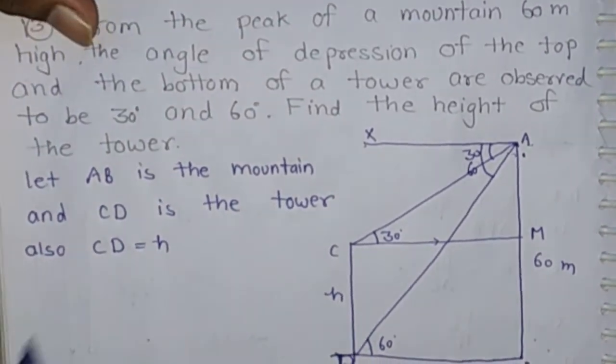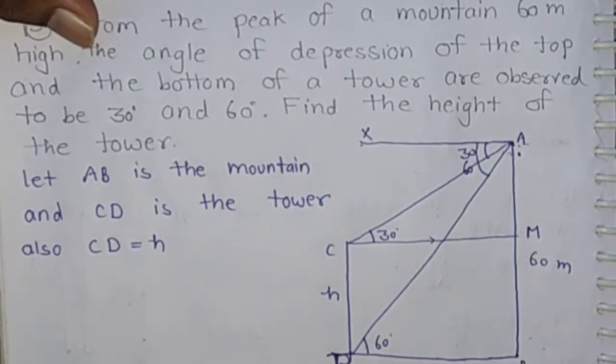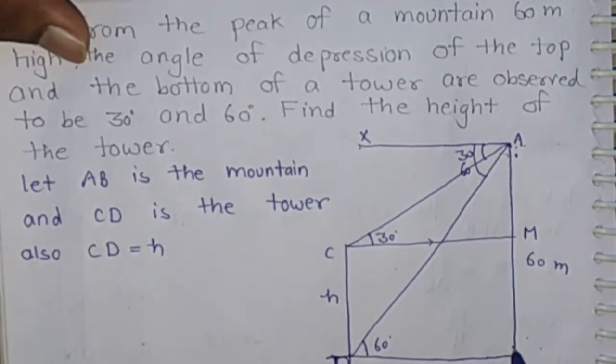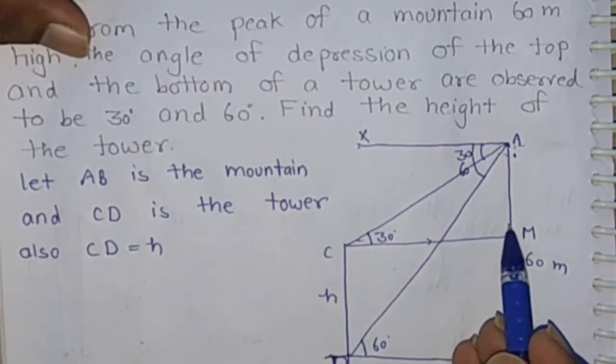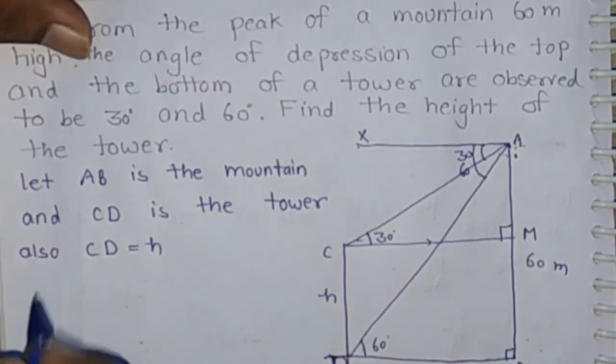Now there are two right angle triangles. First is ADB, it is a right angle triangle, and second is ACM, it is also a right angle triangle.